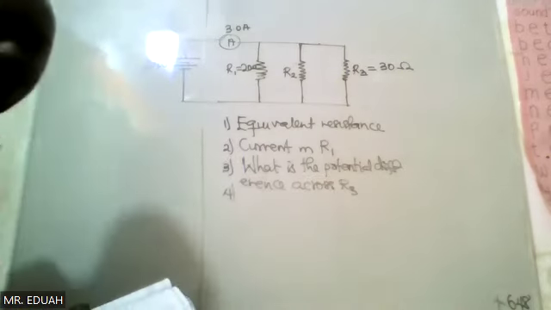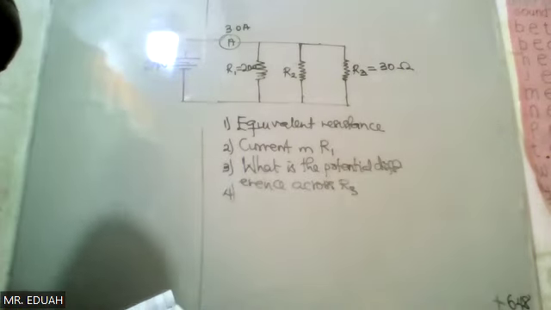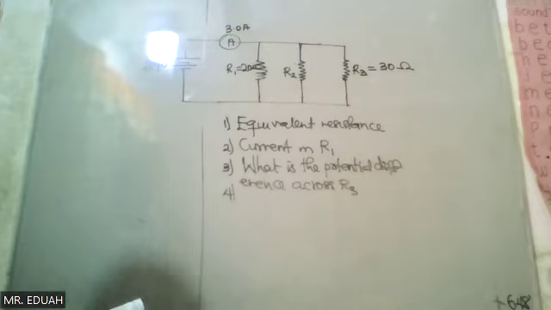Then 4, if the ratio of the current in R3 to the current in R2 is 4:5, what is the resistance in R2?